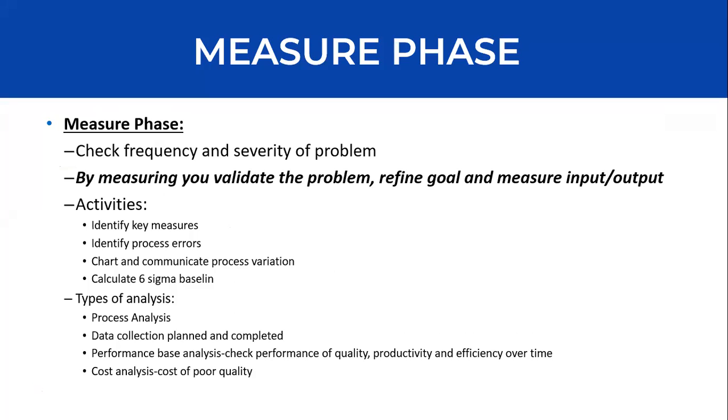You're looking at various activities, identifying process errors, and collecting a lot of data and charting it out, putting it on a graph, and you want to calculate how many mistakes are happening, what is going on, and how far away you are from your actual target.